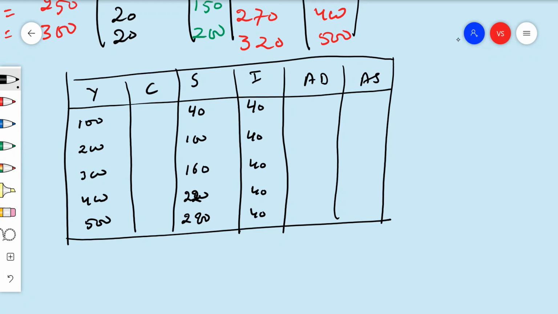Look again at what I have given here. Y is given, saving is given and investment is fixed, and you need to calculate C, AD and AS. So pause your screen and solve this question. I'm giving you 3 minutes, then I will tell you the answer.